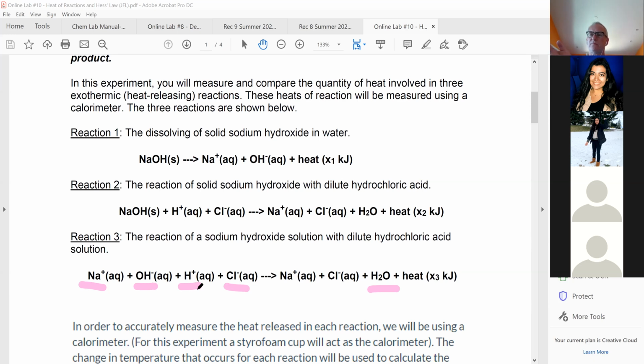Now, which of these two reactions can be added together to get the third one? We're dealing with Hess's law here. So which two of these reactions can we add together to sum up to get the third one?